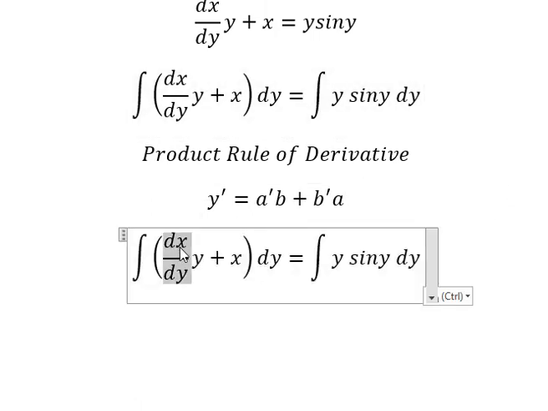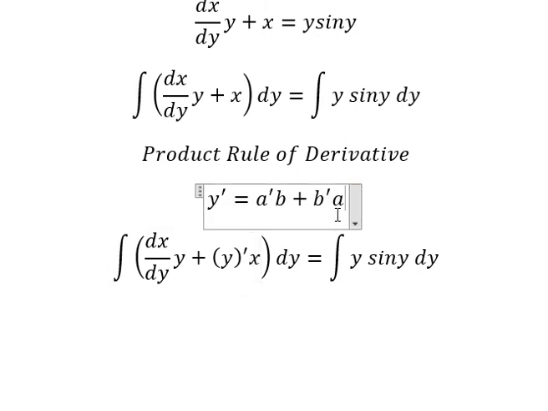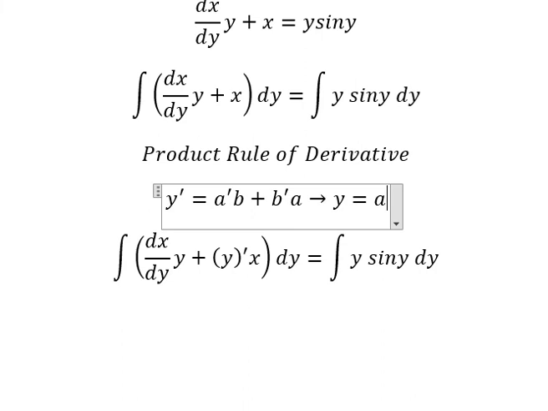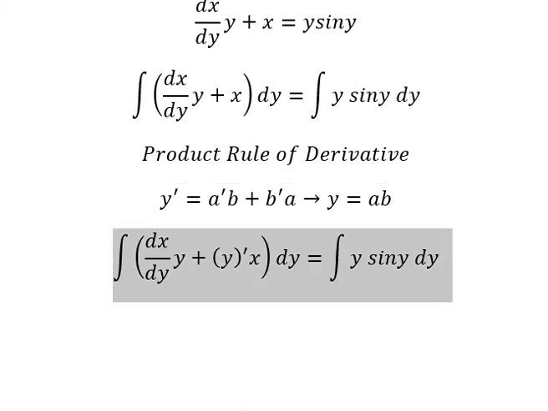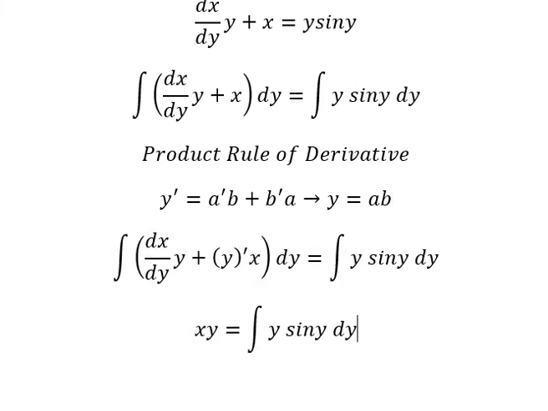So we have the first derivative of a multiplied by b. This one we have the first derivative of b multiplied by a. So the integration of this one we have y equals ab. So the integration of that one we have the integral.